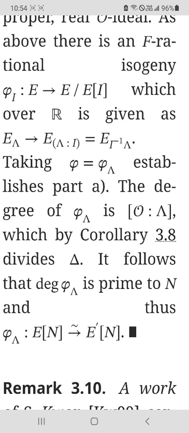It follows that the degree of φ_Λ is prime to n. Thus, φ_Λ is a map from E[n] to E'[n], because the degree of φ_Λ is prime to n.